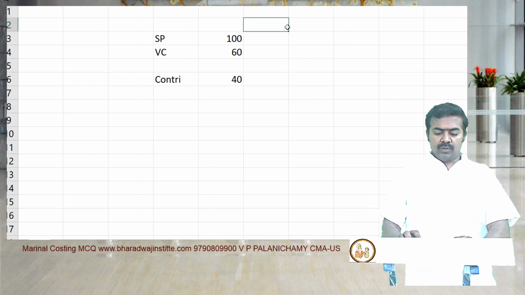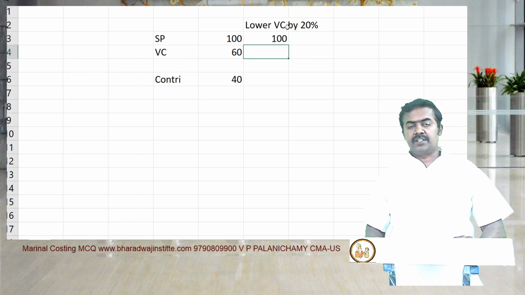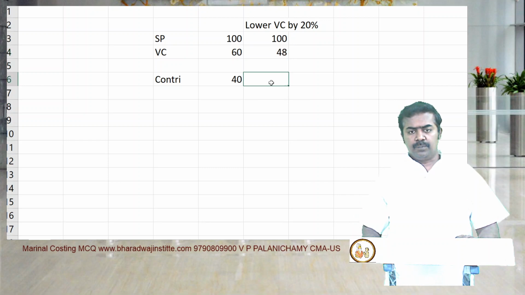Now, you want to lower the variable cost by 20%, which means 60 minus 20%. 60 minus 20% is, as an example, 12 rupees, so 48. So the contribution will be 52 rupees if you lower the variable cost by 20%.